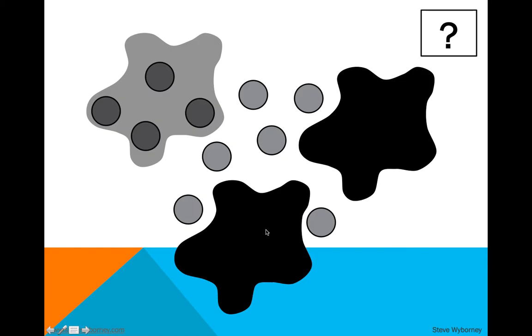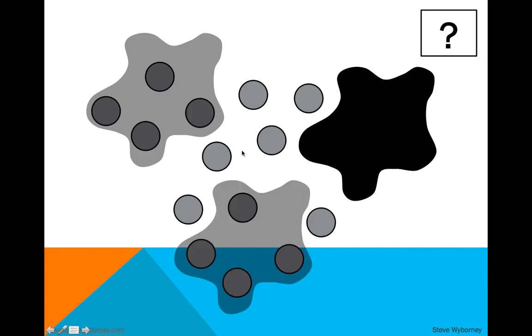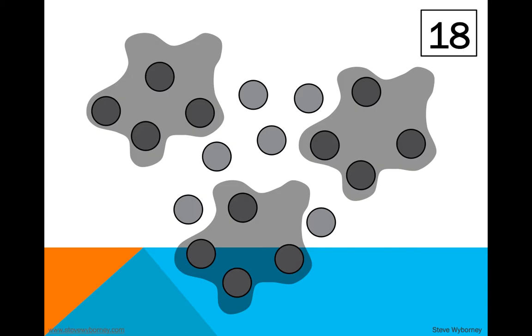So how many are there all together? Well, I know 4 plus 4 is 8. Plus 4 more is 12, right? Plus the 6 outside is what? Did you get 18? Good.